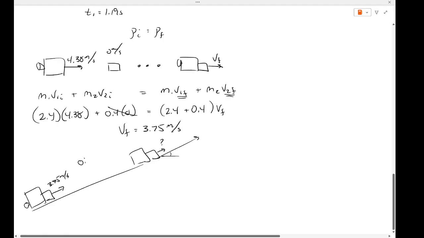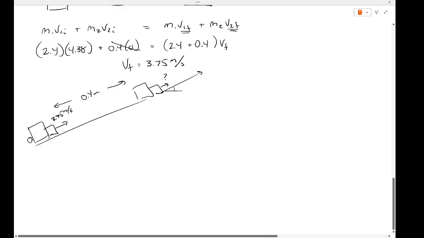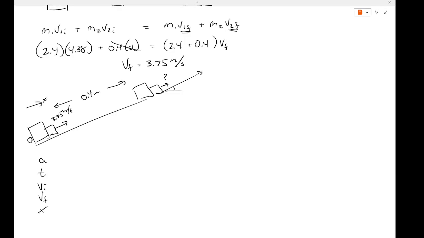We know this ramp is 0.4 meters long, and we're back to another ATVX table, so this is kinematics. The x direction is now up the ramp, and we're going to have an acceleration, a time, initial and final velocity, and initial and final position. Let's call the bottom of the ramp 0 and the top of the ramp 0.4 meters.